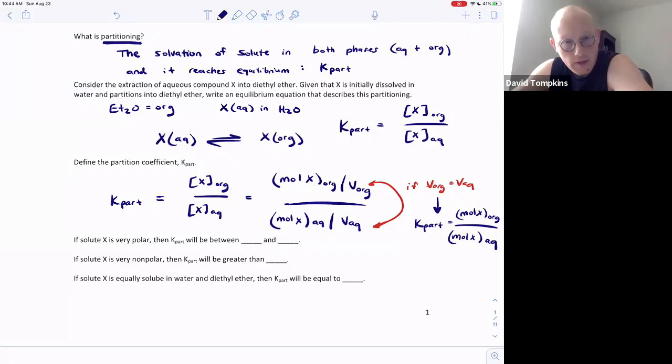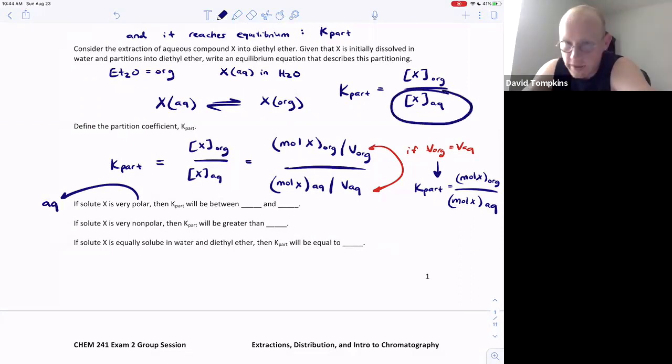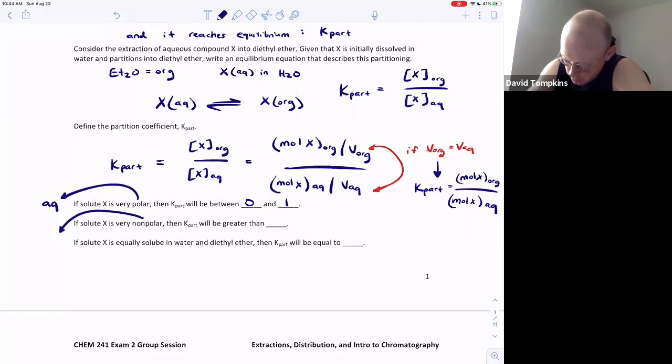So if compound X is very polar, then it's going to primarily be in the aqueous layer, so the concentration in the aqueous layer will be large, the denominator is large, and thus Kpart will be a fraction between 0 and 1. If X is very nonpolar, then X is going to prefer the organic phase. Like dissolves like.